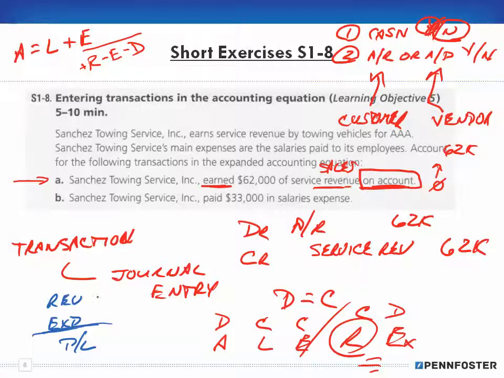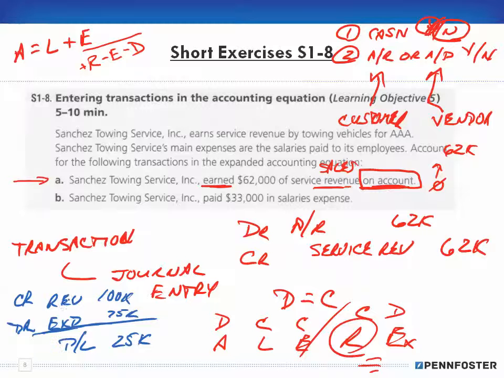If my revenues are credits and expenses are debits, I'm just going to put numbers here: 100,000 and 75,000. The difference between the two is 25,000.